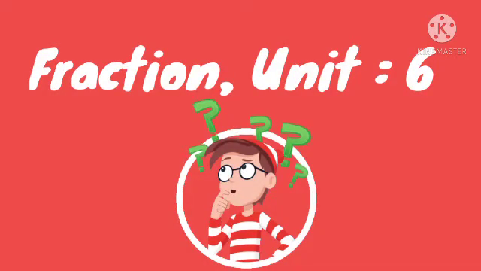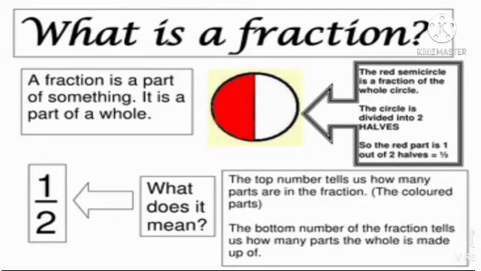Children, now let us recall Unit 6, fraction. Let us recall what a fraction is. A fraction is a part of something. It is a part of a whole. Here, a circle is given and it is divided into 2 equal parts.